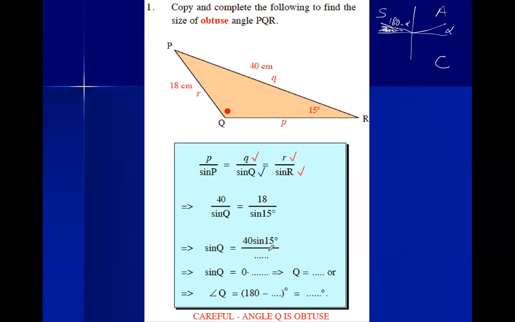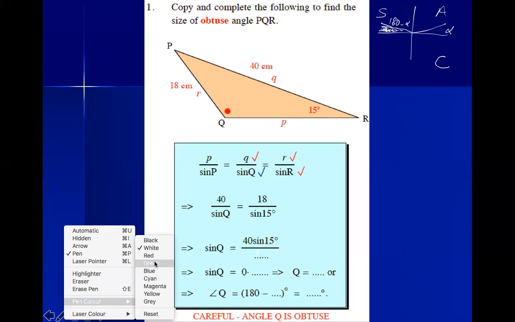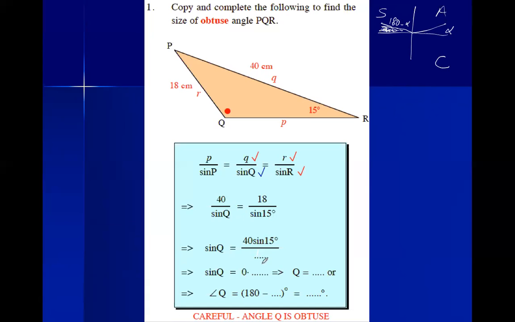If you type 40 sine 15 divided by 18, you get 0.575.